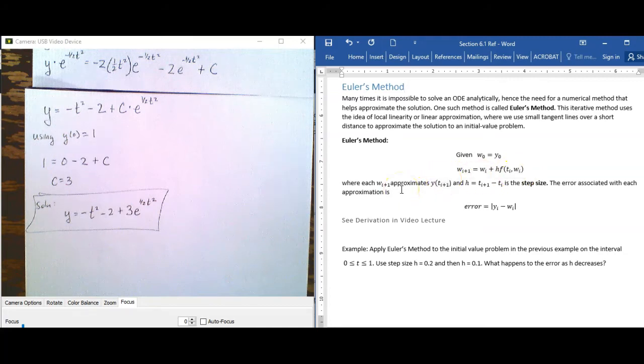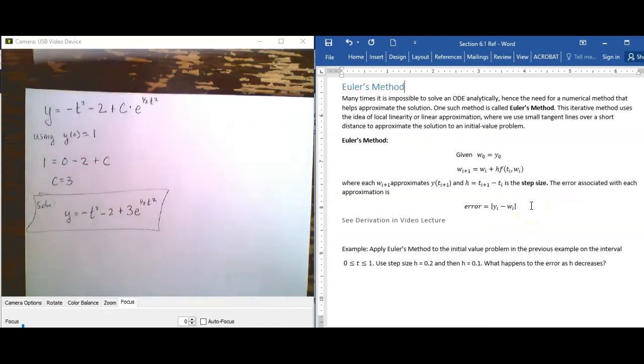So again, each w_{i+1} approximates y of t_{i+1}. h is the distance between the t's, any two successive t's, that is. We call this the step size. And then the error associated with the approximation is the actual value y_i minus w_i. Okay? So let's look at a derivation of the method.